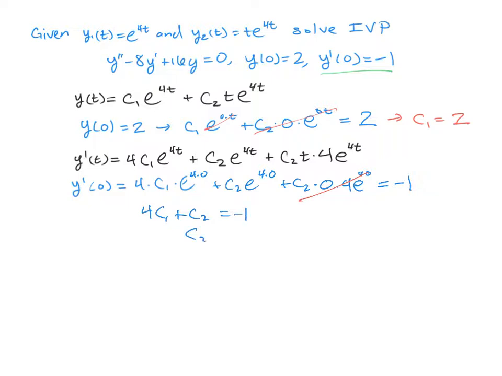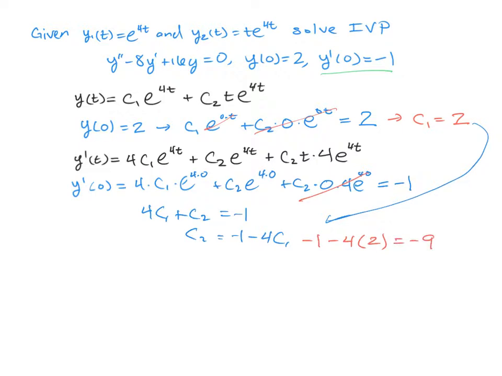And C2 then is equal to negative 1 minus 4 C1. We can borrow the result of C1 from earlier. So that's negative 1 minus 4 times 2. So that's going to give us negative 9.